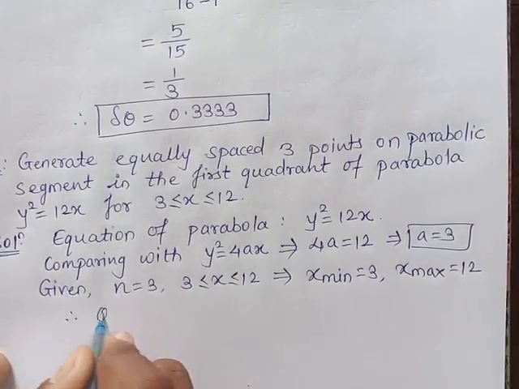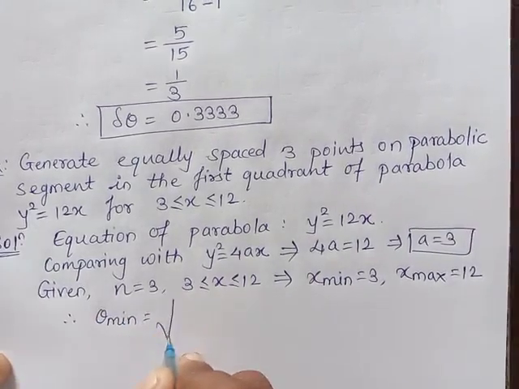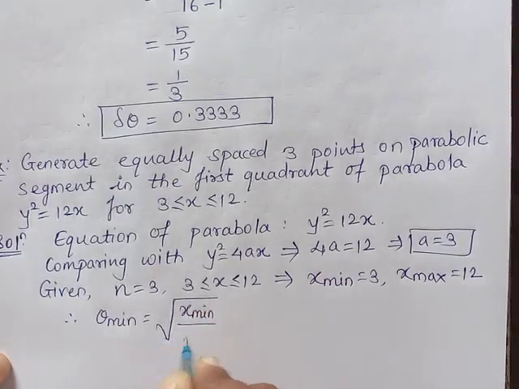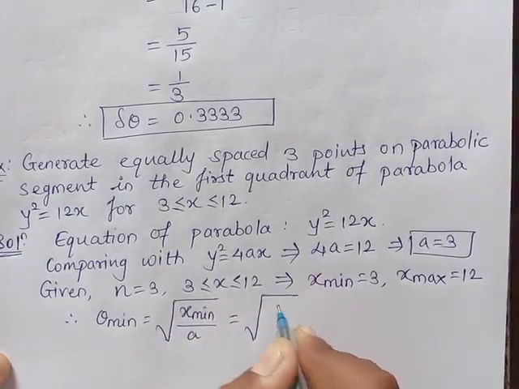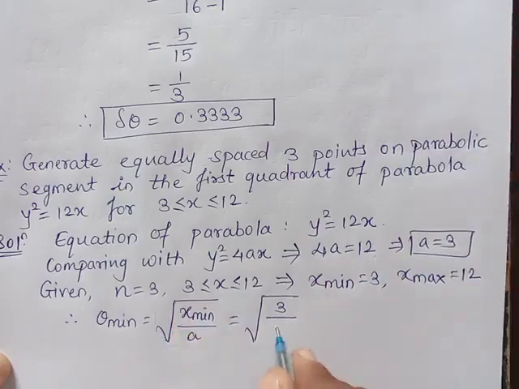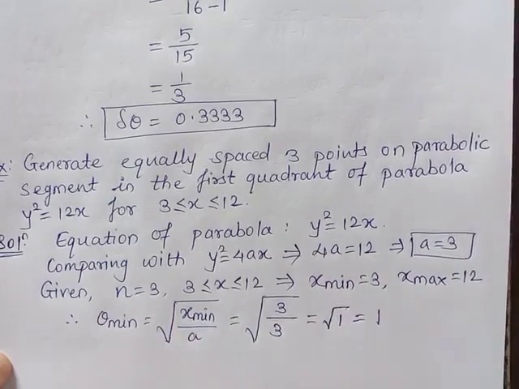Therefore, theta minimum equal to root x minimum upon a. That is, root x minimum is how much? 3 and a is how much? 3. So it is under root 1, so it is how much? 1.